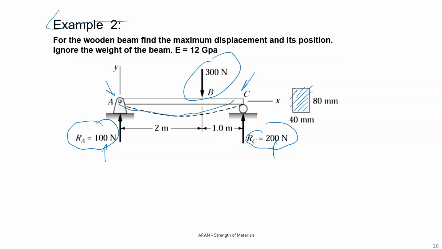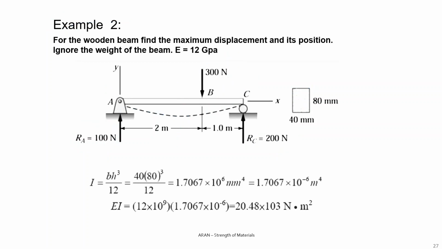Here we have a maximum. The maximum is not in the middle because that 300 Newton force is acting to the right, so the maximum must be somewhere on the right side of the middle section. Next, before we start calculating, let's determine the moment of inertia for this section.